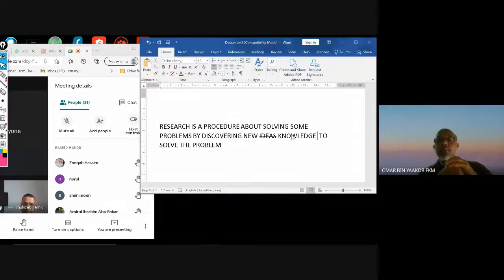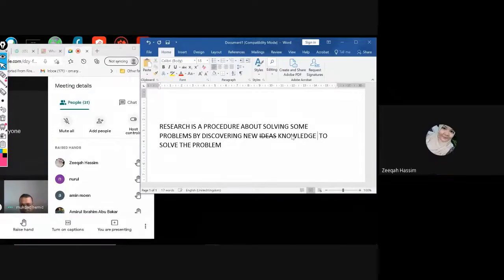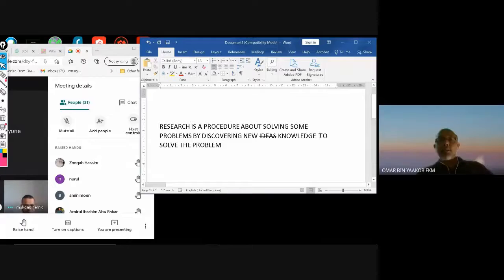Research is a procedure about solving some problem, becoming new knowledge to solve the problem. Sometimes it might be not the problem, because not all research we do is after we identify a problem. Sometimes research is also done just for us to get the information. So in this case, do you want to delete this last part?